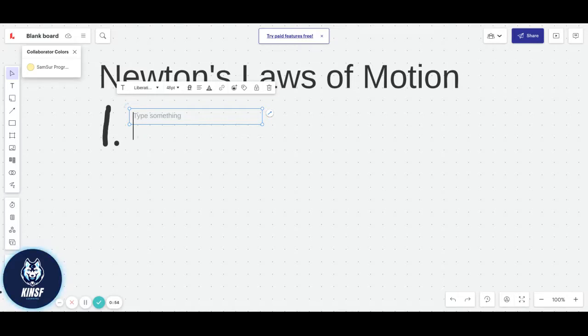Okay, so basically inertia is the property of matter, of an object, to keep its kinetic energy in one place. It's to not change its state of motion. Like if something is going in a straight line, inertia makes it keep going in a straight line unless some unbalanced force acts upon it.